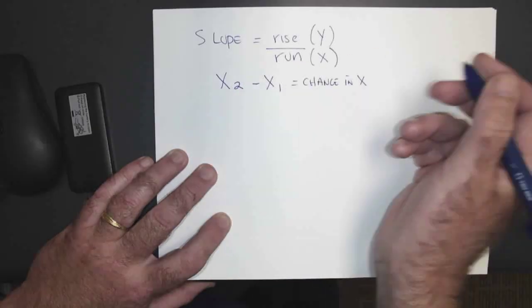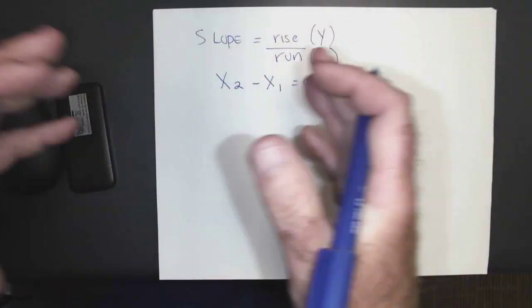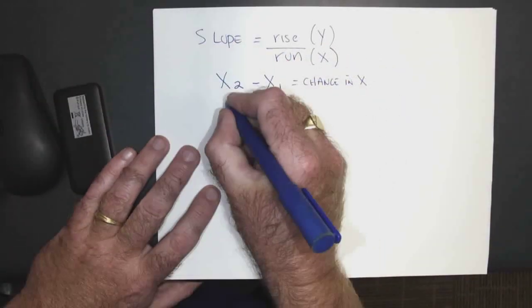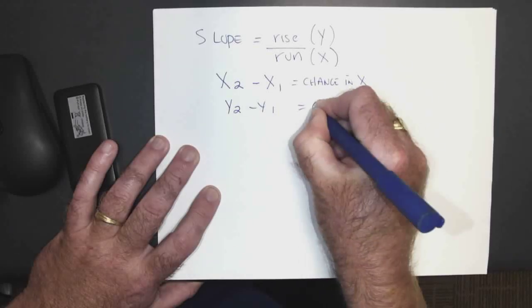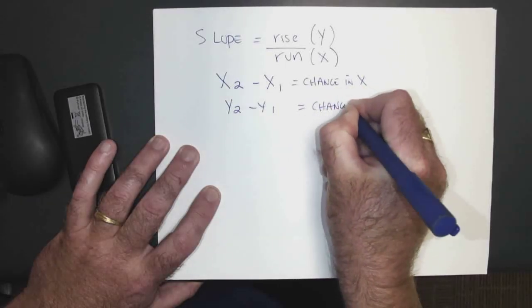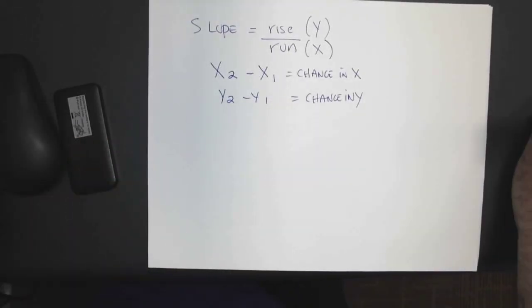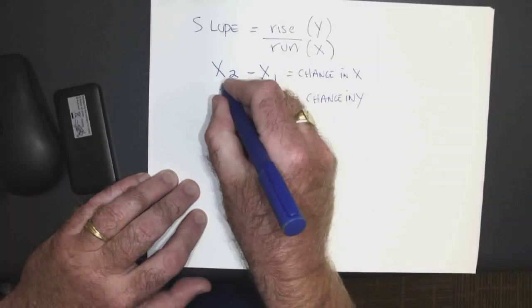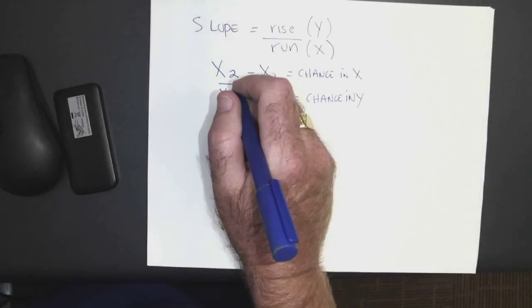We just pick the first point and the second point for x. Then y2 minus y1 is the change in y. It's similar to percentage change, because it's always the new value. It doesn't matter if the new value is smaller than the starting one. It's always the second minus the first. That's how we deal with that.